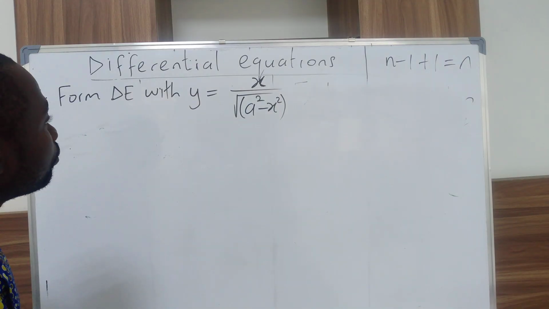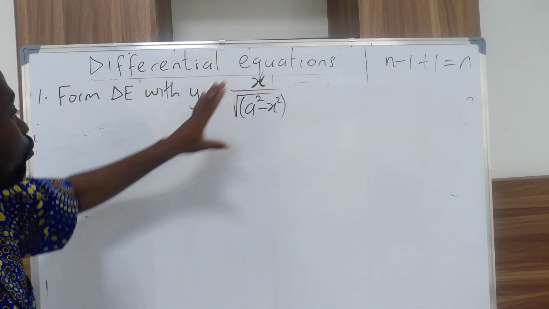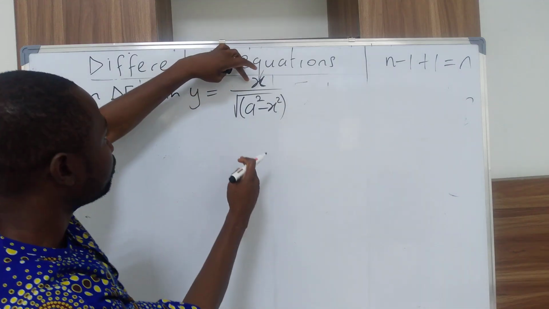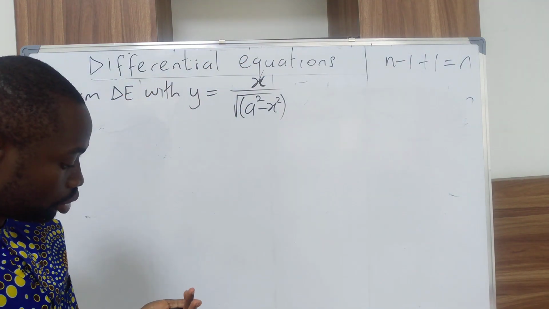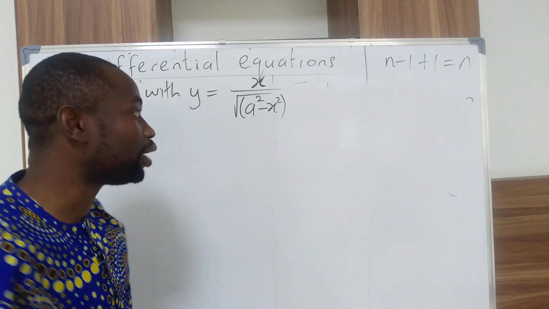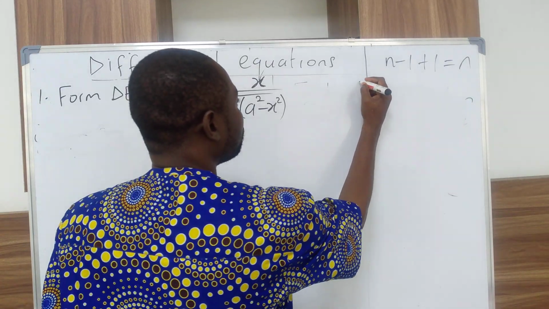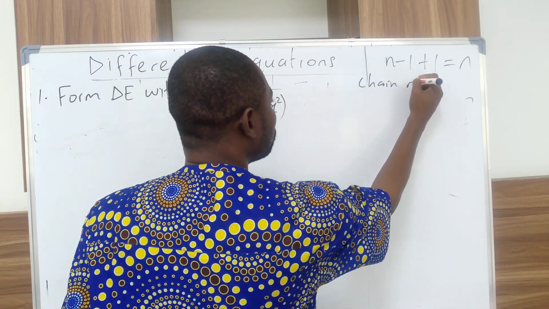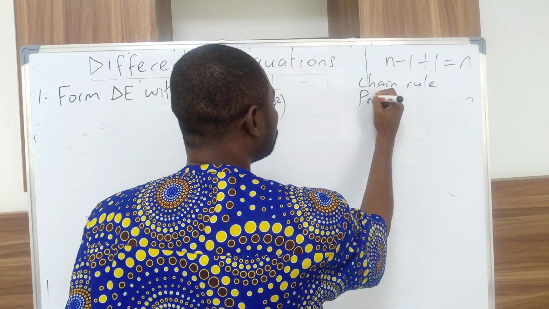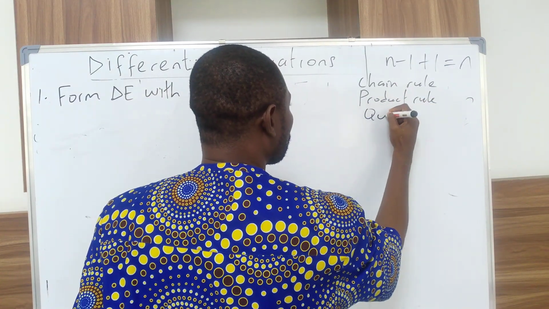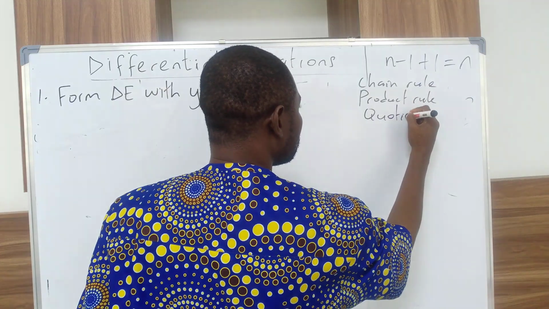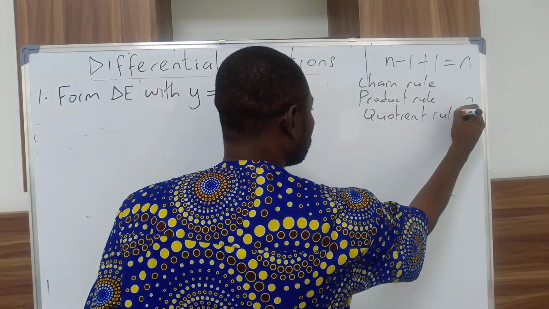Now if you look at this function, this is like division. We have a numerator and denominator. Under differentiation, we have the chain rule, the product rule, and the quotient rule.